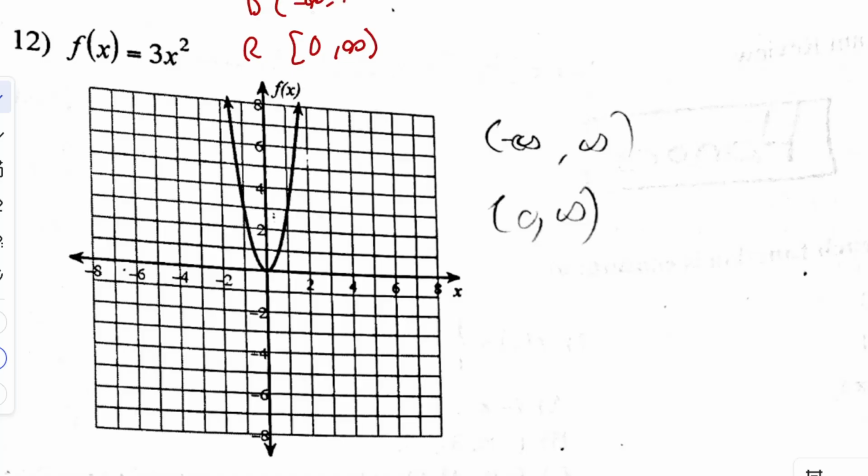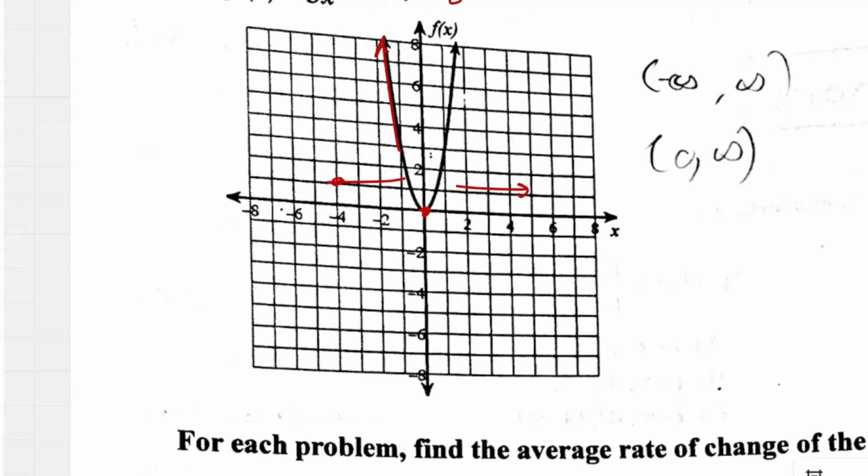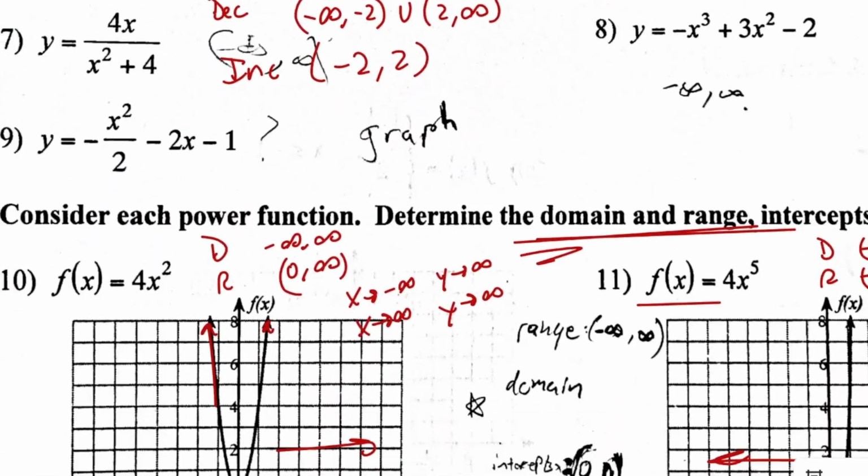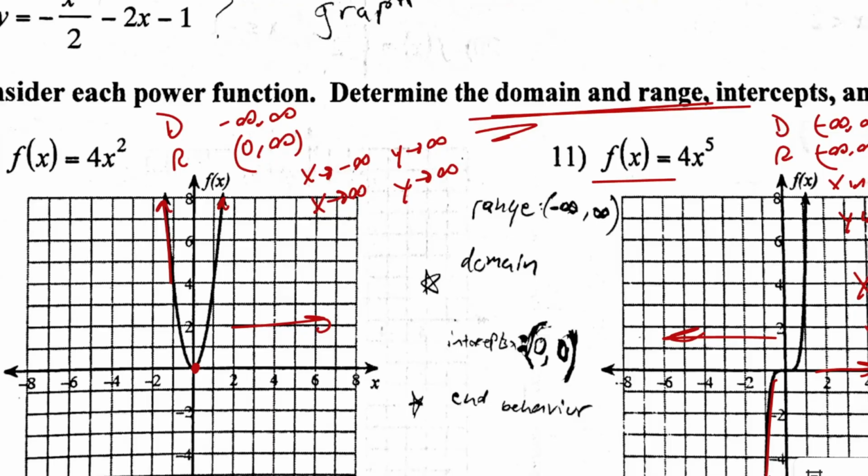The x and y intercepts are both 0, 0. As x goes to negative infinity, y goes to positive infinity. As x goes to positive infinity, y goes to infinity. Let me go check that last one. Yeah, didn't put a closed bracket for the range. Right, this one should be closed bracket.